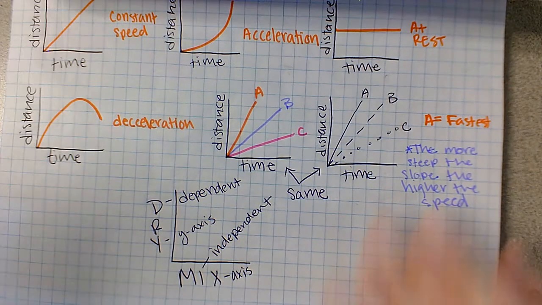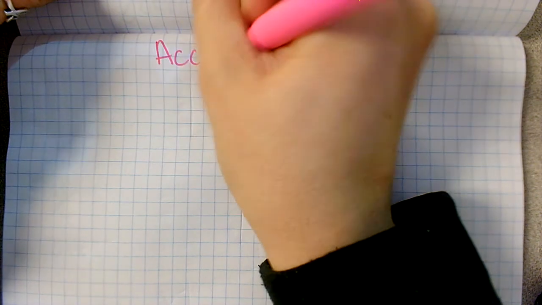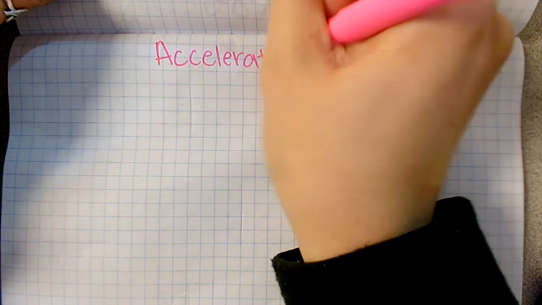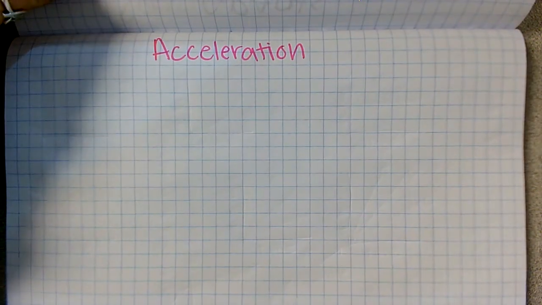Right, on the next page. And I'm not going to do backs just because I can't do my camera like that, but you can absolutely use the back of your paper. That's totally fine. These are acceleration graphs.